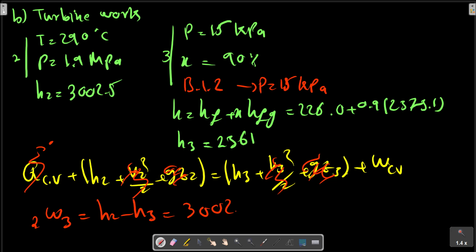H2 is the value, H3 is the value. We have an output in kilojoule per kilogram.